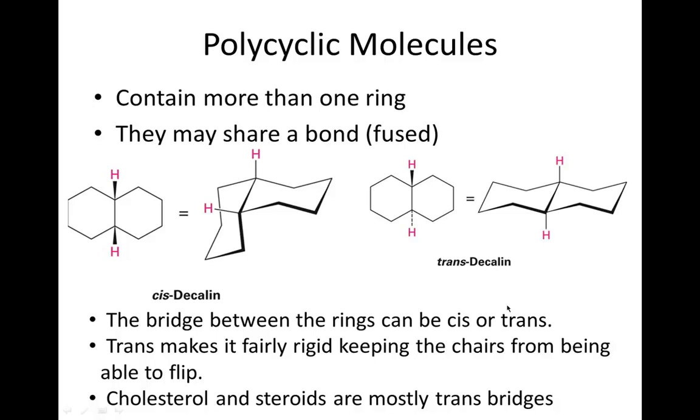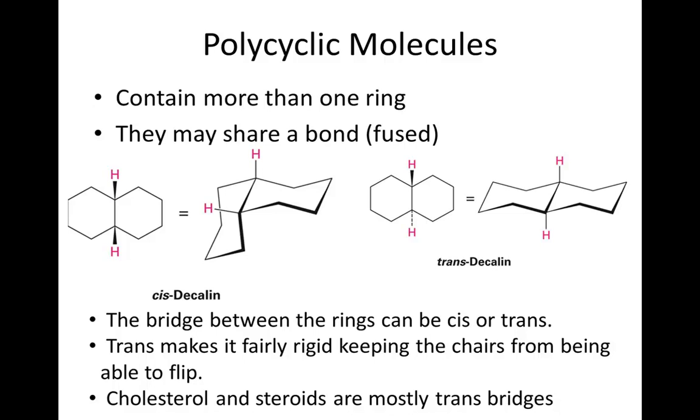Some other things that we're interested in this chapter are other kinds of cyclic molecules that have more than one ring, and the general term for more than one and sort of an indeterminate number greater than one is poly, which means many, cyclic.